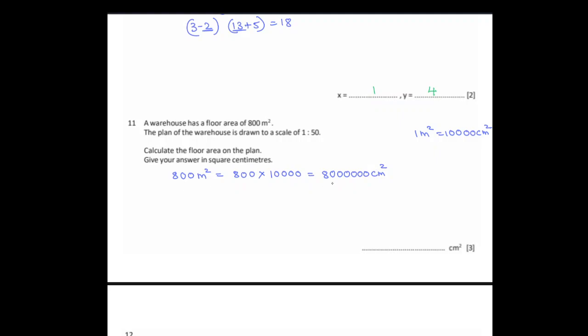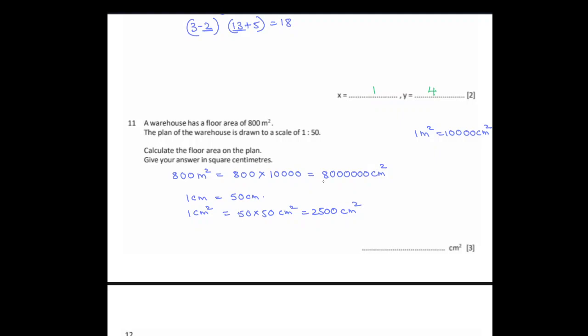Now we got the floor area in centimeters. Now we need to find how much it should be on the plan. So we will divide by the scale. Now 1 centimeter is equal to 50 on original. So 1 centimeter square will be 50 into 50 centimeter square. So that is 2500 centimeter square.